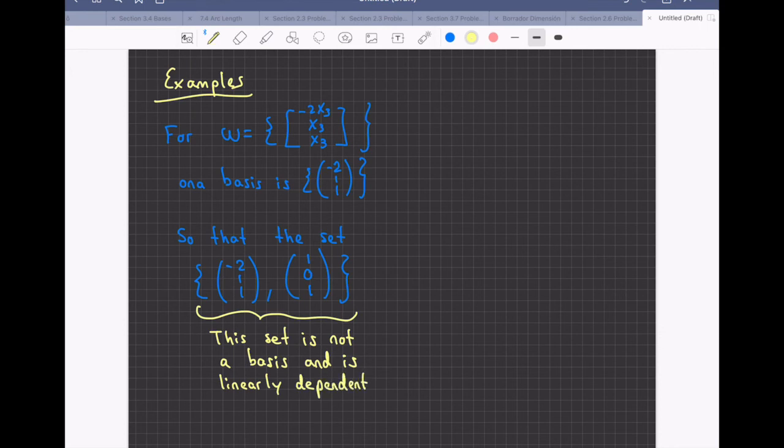So when we have a basis and we know the dimension for the subspace W is 1, because we have found a basis with one element, then if you add any other vector to that basis, this is not a basis and it's linearly dependent.